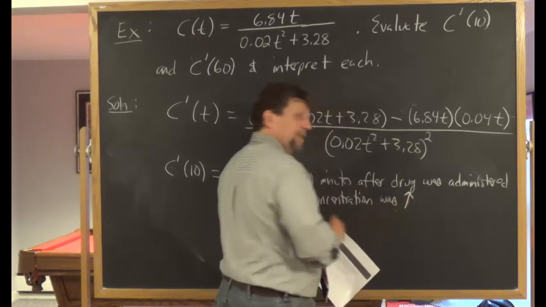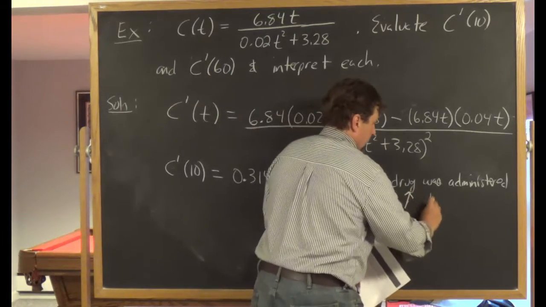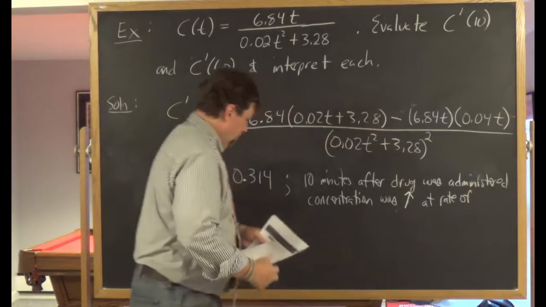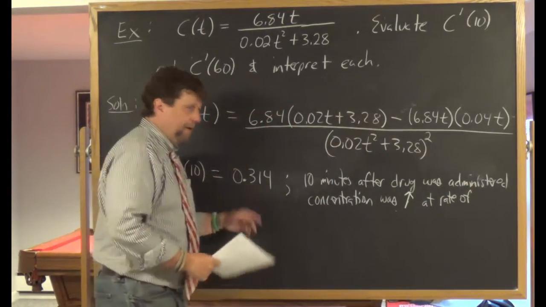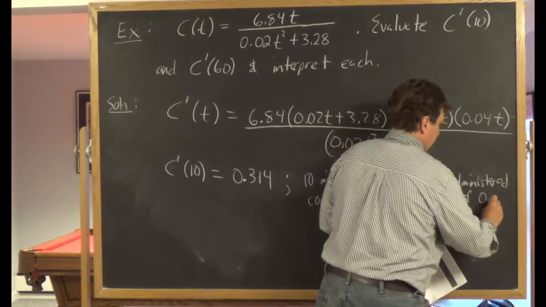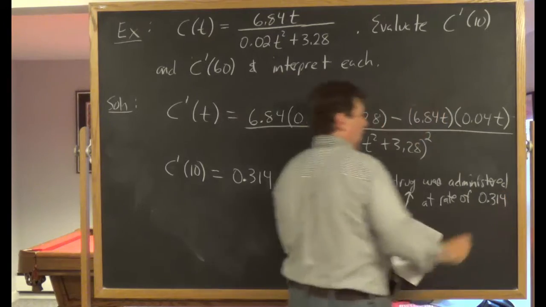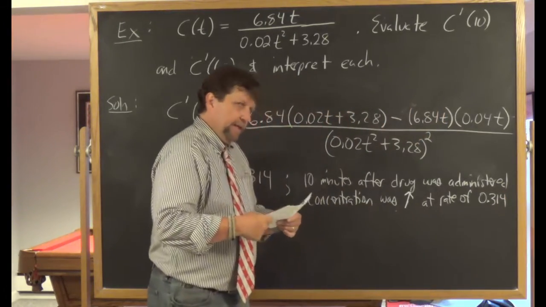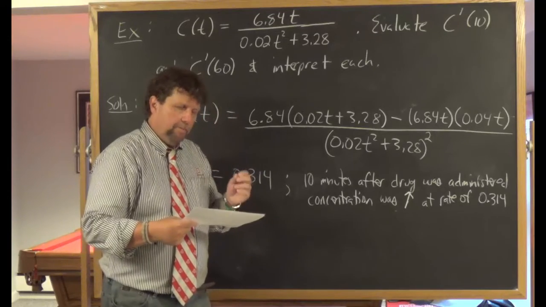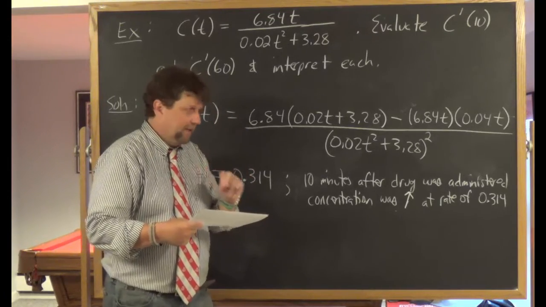Let me use that little symbol for increasing, at a rate of 0.314. And now my units. Remember the units for C were micrograms per milliliter.